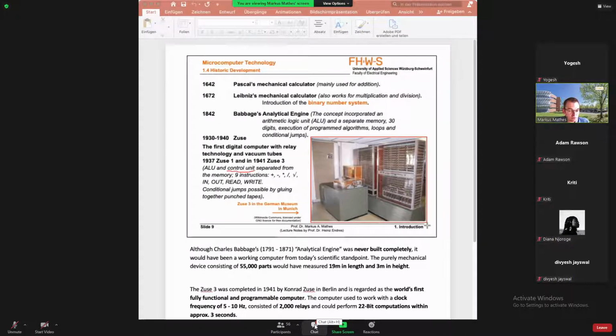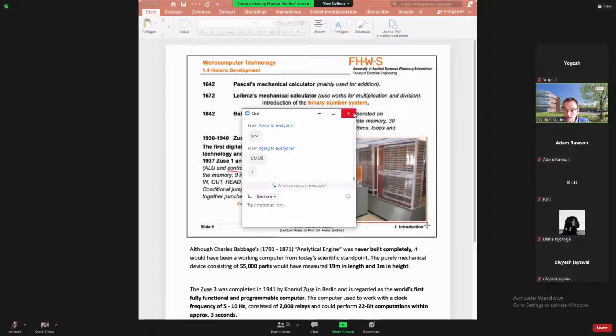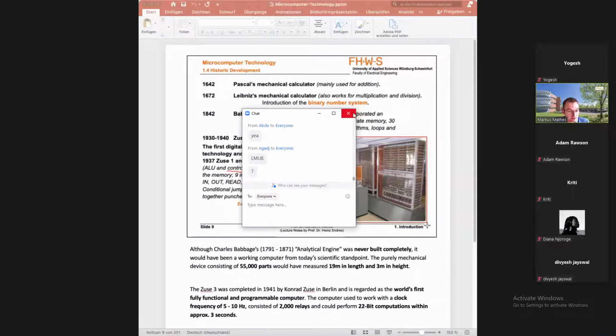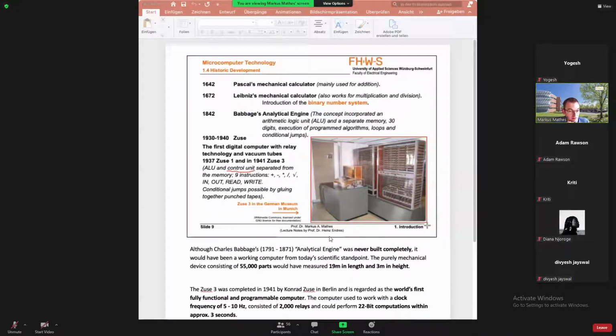LMU, what do you mean? Where should I look? Do you mean the university, or what do you mean with LMU? Yeah, that's Ludwig-Maximilian University, and there is a second one in Munich, Technical University of Munich.